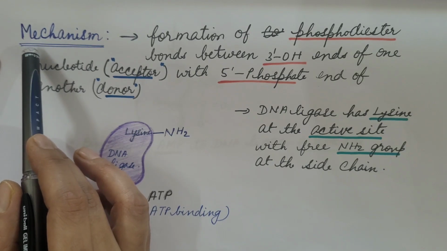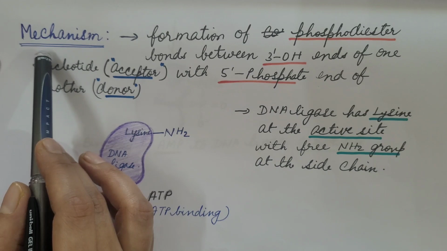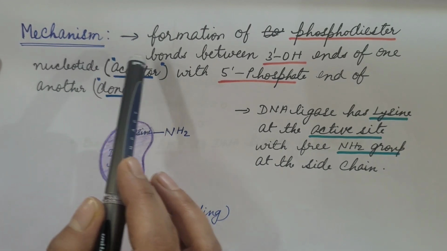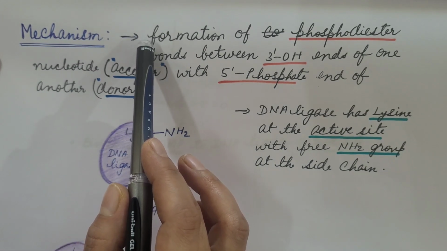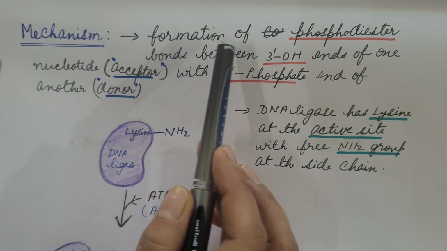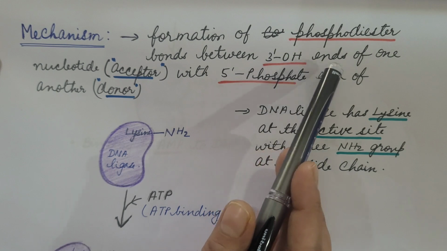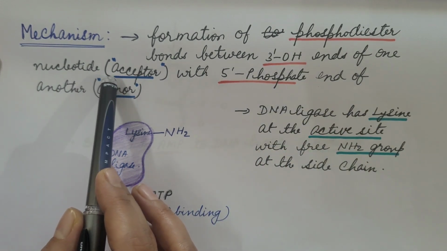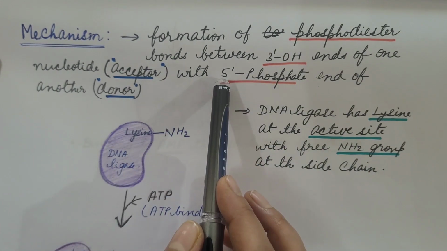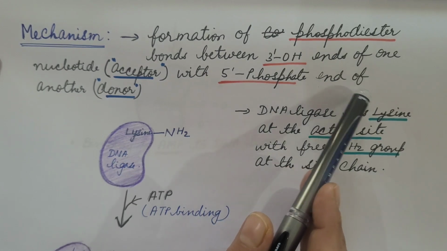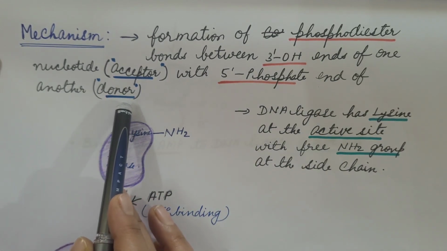Now let us discuss the mechanism of action of DNA ligase enzyme in detail. DNA ligase enzyme catalyzes the formation of phosphodiester bonds between the 3' end of one nucleotide, which is the acceptor, and the 5' phosphate end of another, which is the donor.